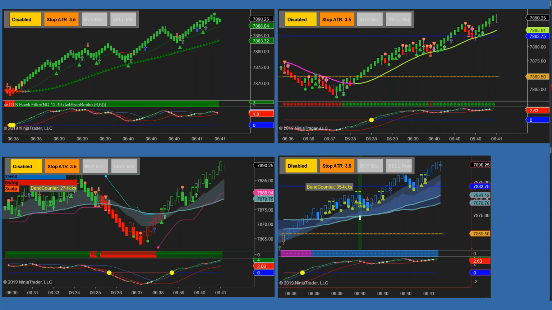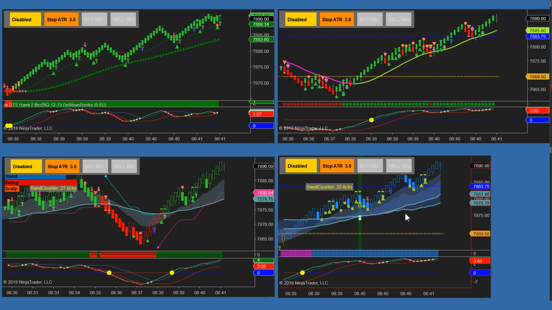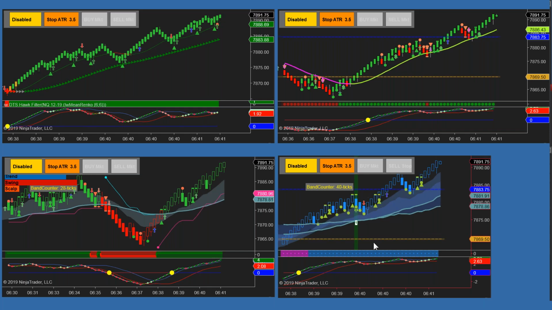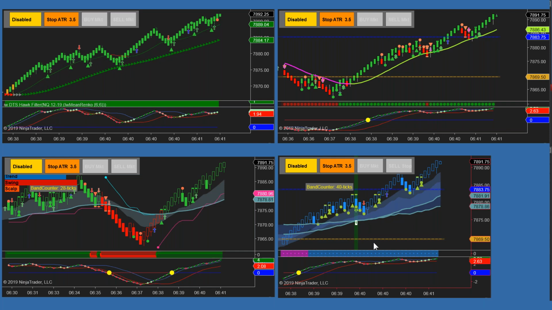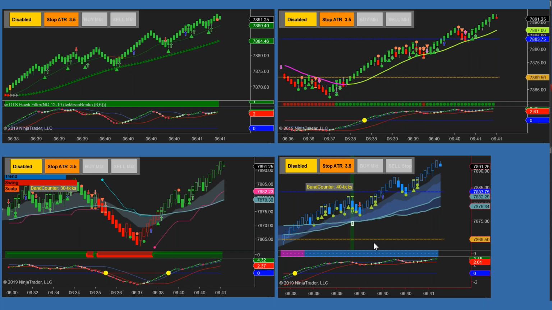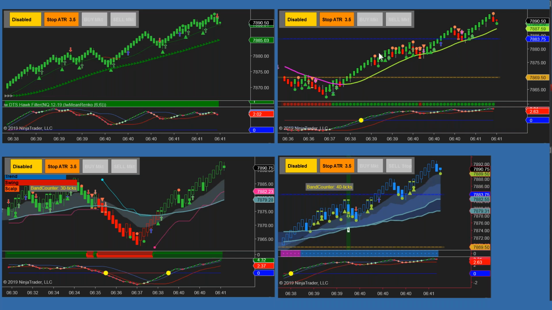Well, what do we think? They're not heading lower. Are they going to head higher? Good follow through on the #1 signal to buy. Same thing with the trend change signal here on the Falcon.